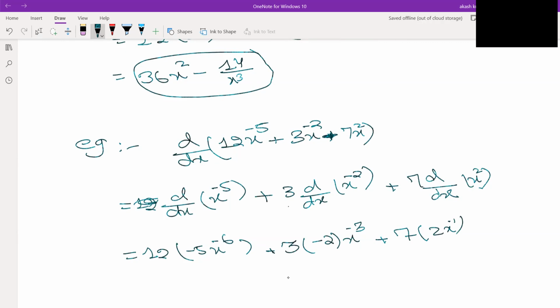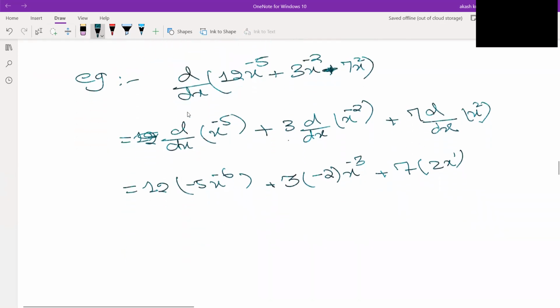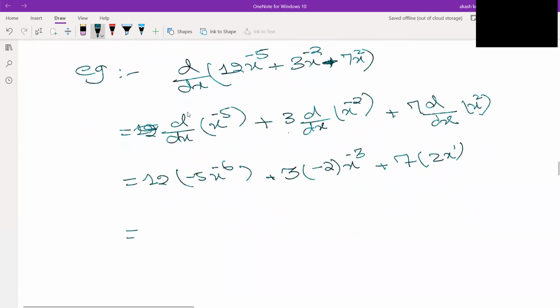No, just 1 because it's 2. So it will be minus 60 over x to the 6, right? And minus 6 over x cube and 14x.